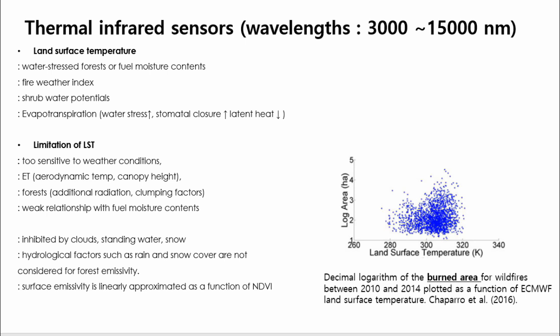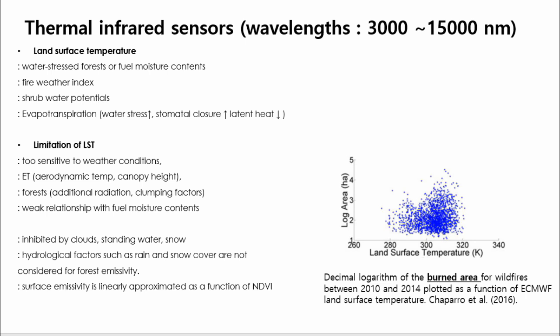And when we apply land surface temperature to forests, there is a more complicated procedure to make accurate, reliable estimations, because there are additional radiations and a clumping factor or something like that, which is also very complicated to reliably estimate.